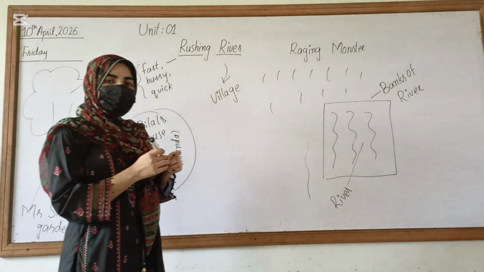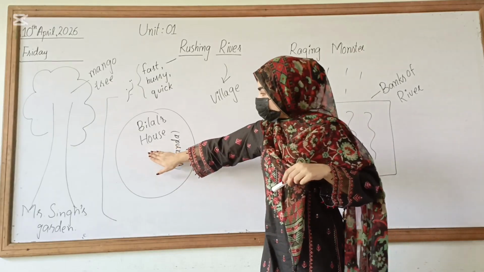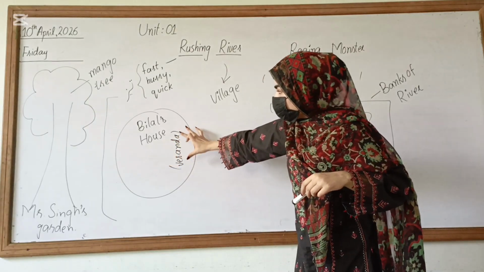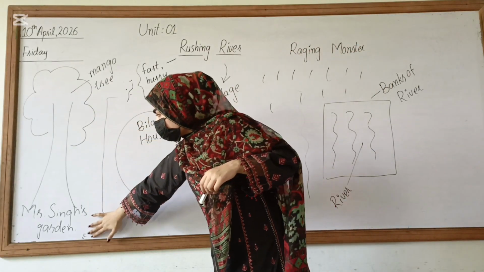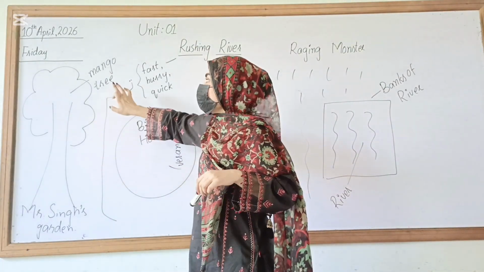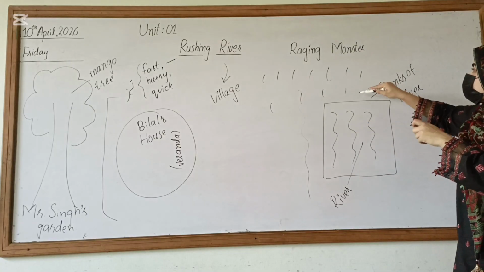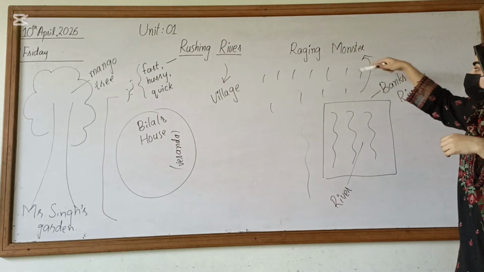How many pictures have I drawn? I have drawn the picture of Bilal's house, and then I have mentioned the veranda, then I have drawn Mr. Singh's garden and a tree that is mentioned in your textbook, the mango tree. Then I have drawn a river which feels like a raging monster, and it is raining constantly.